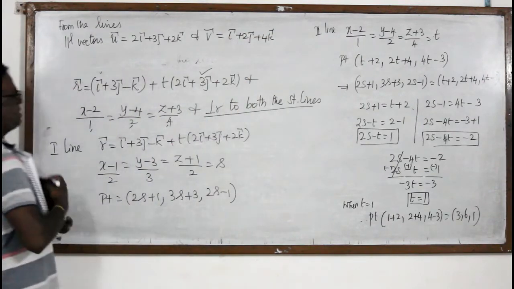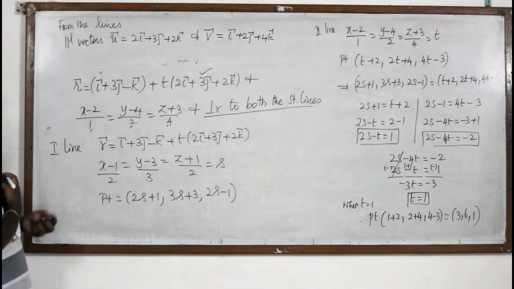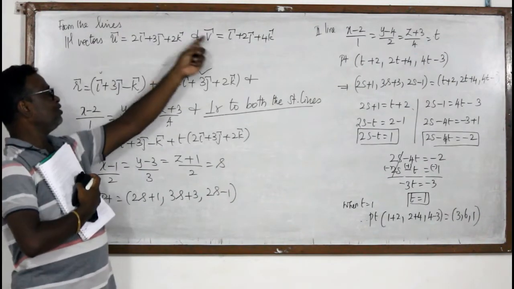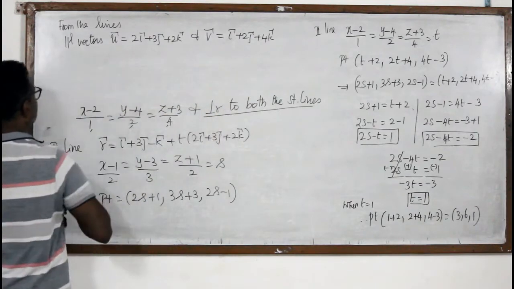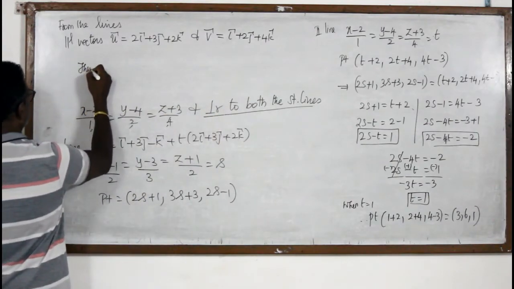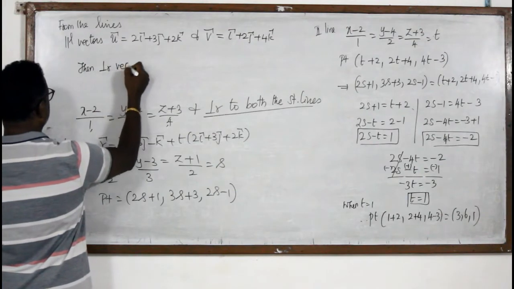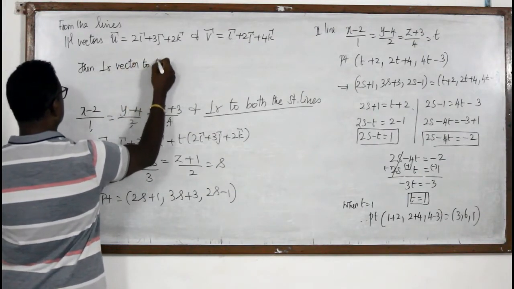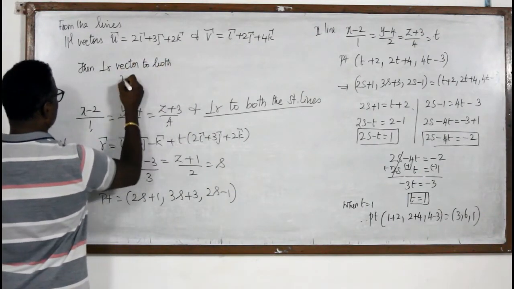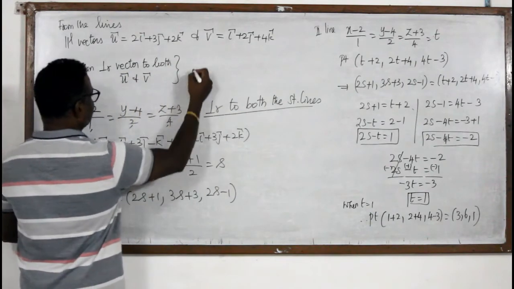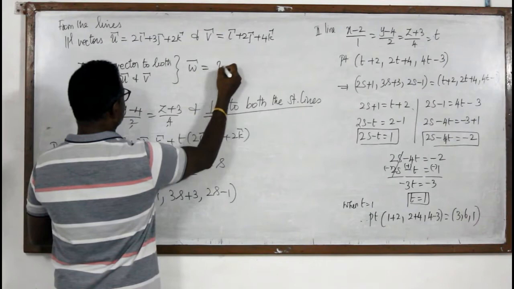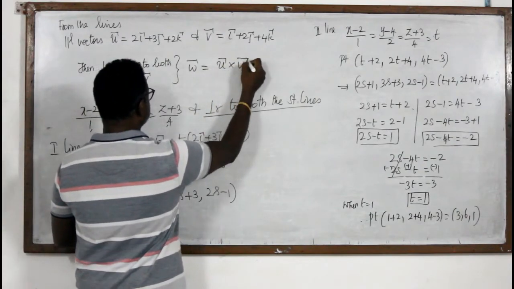These are the vectors. Any line perpendicular means the vector will be perpendicular to both u and v. The perpendicular vector to both u and v, shall we keep it as w, is u cross v, isn't it?